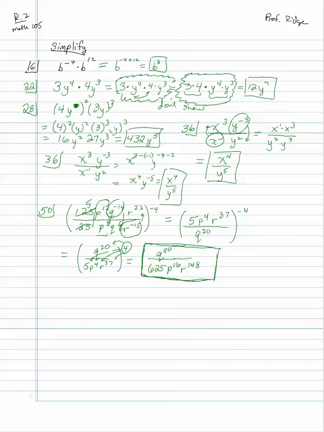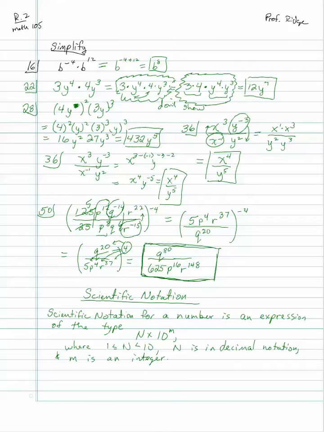And now let's review scientific notation. We'll do this real short because I'm sure you're fine with that. Okay, so scientific notation for a number is an expression of the type n times 10 to the m, where n is between 1 and 10. It can be equal to 1 but not 10. And also n has to be in decimal notation, and m is an integer. So we're saying we want something like 3.57.